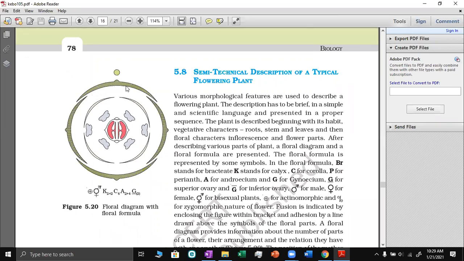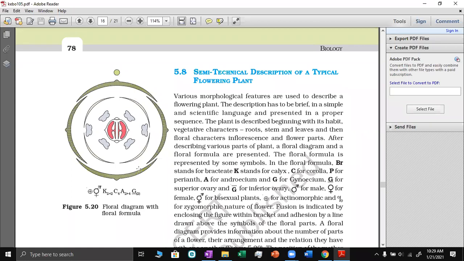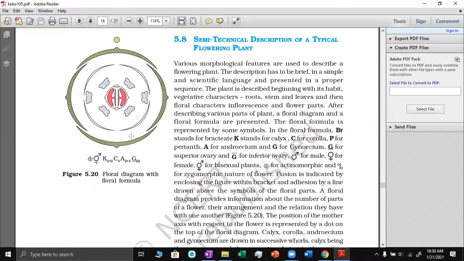Here are the sepals. In case of the mustard family Cruciferae, there are four sepals, two outer completely and two inner.